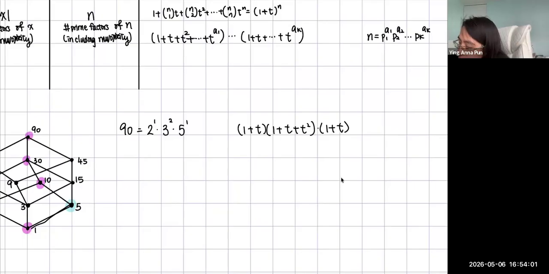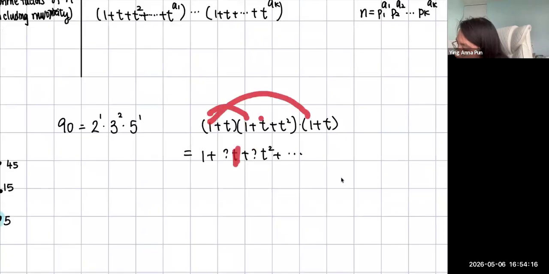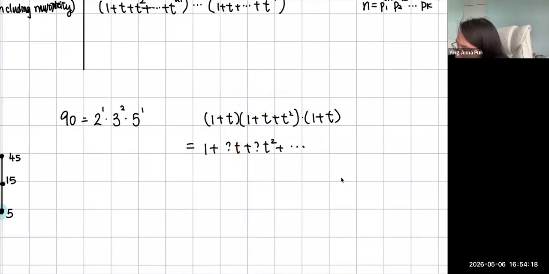And when you multiply these out, you will get something like 1 plus something t plus something t squared plus so on. Well, how do you get the t? The t's are the ways that you multiply these parentheses. For example, you can create a t by 1 times 1 times t, or 1 times t times 1, or t times 1 times 1.